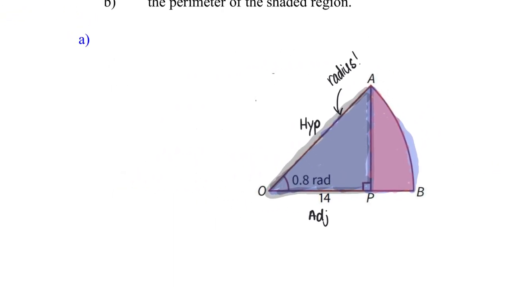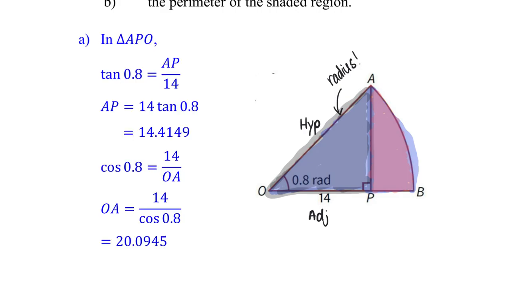So for part A, the first part of part A, you will see this set of working, which is for us to find two things. The radius, which is my hypotenuse, OA, and my AP. Why do I want to find AP? Well, I wanted to use half times base times height later on.